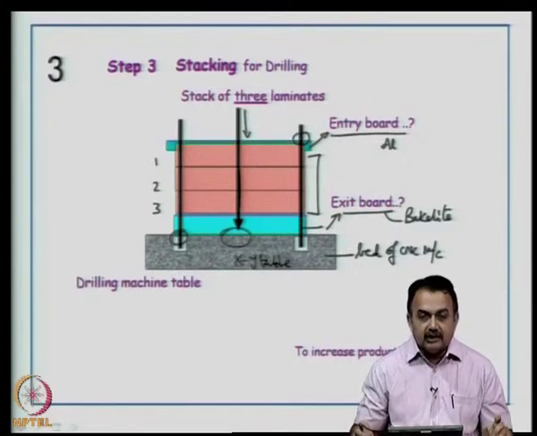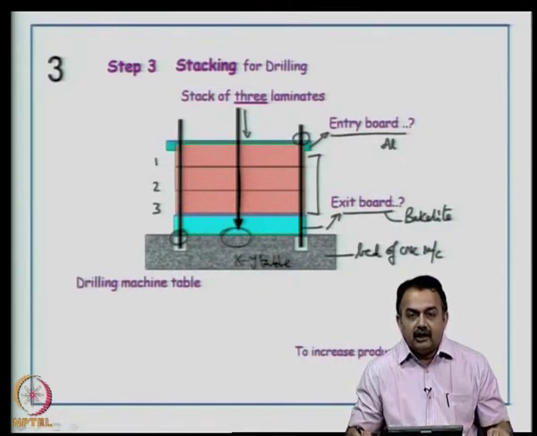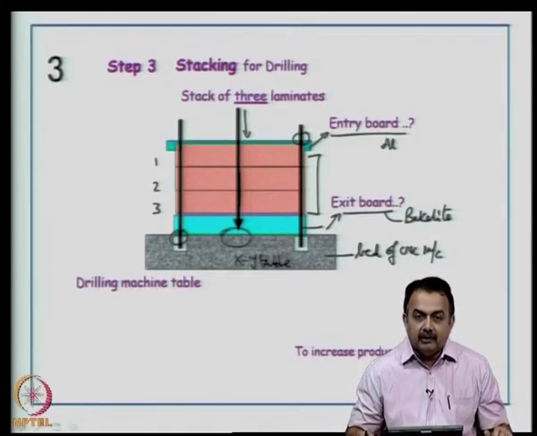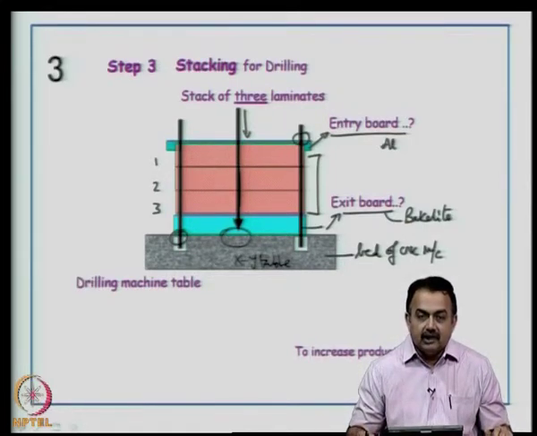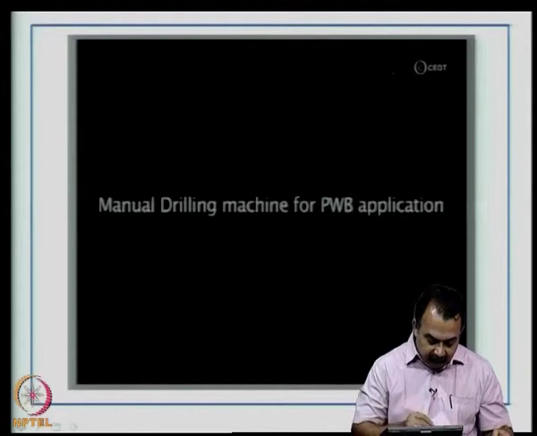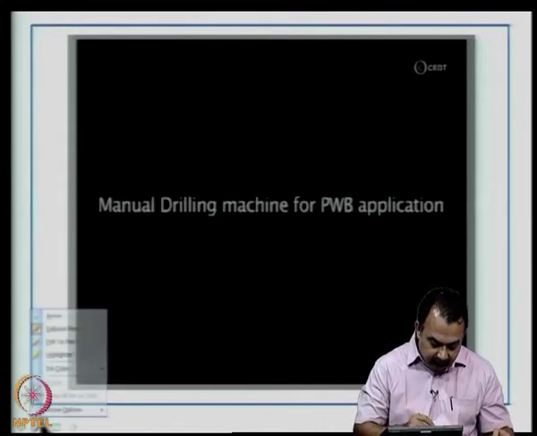So, these are some subtleties that an operator has to follow. Although it can be completely programmed, the initial settings and procedures have to be followed. So, we will now look at the video highlight of a CNC drilling machine.